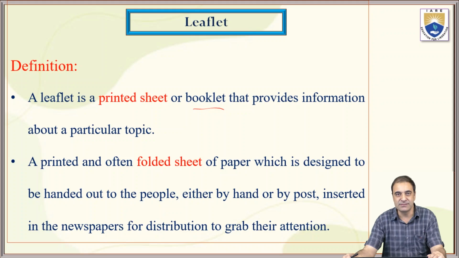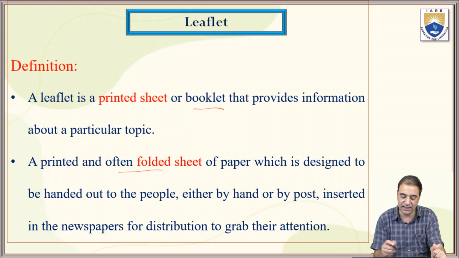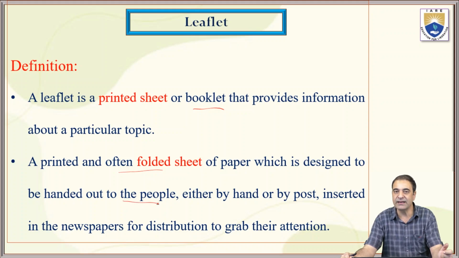To make it more explicit, we can say that a leaflet is a printed and often folded sheet of paper, which is designed to be handed out to people, either by hand or by post, or inserted in the newspaper for distribution to grab their attention.